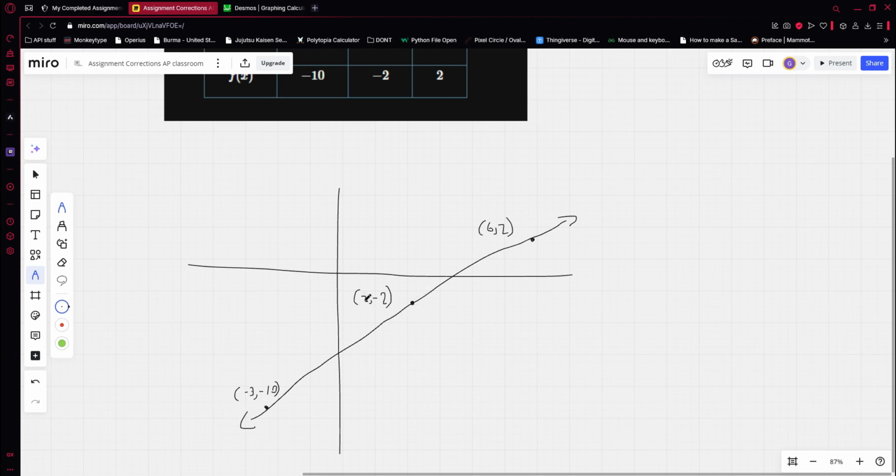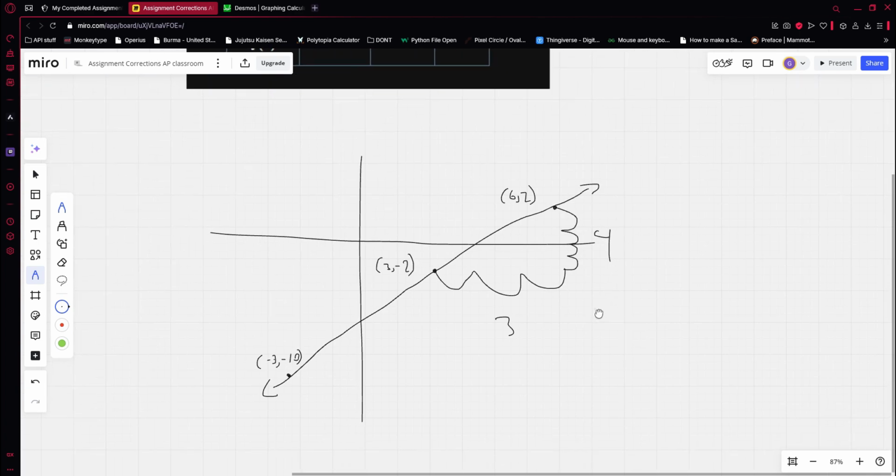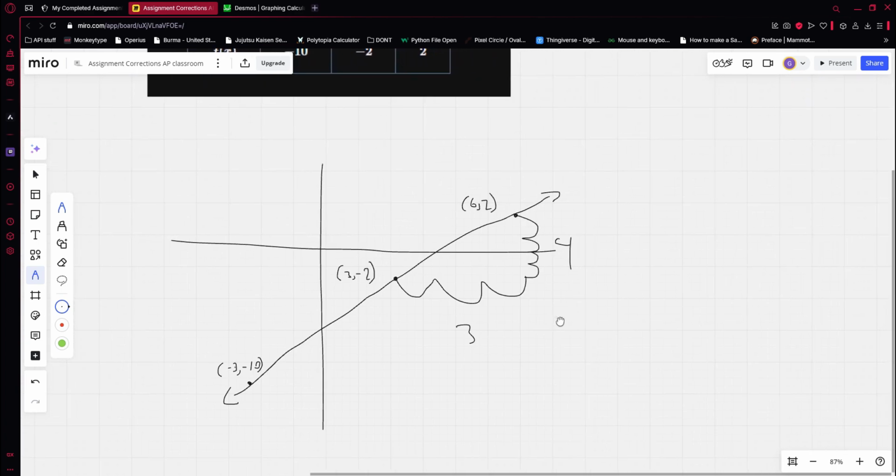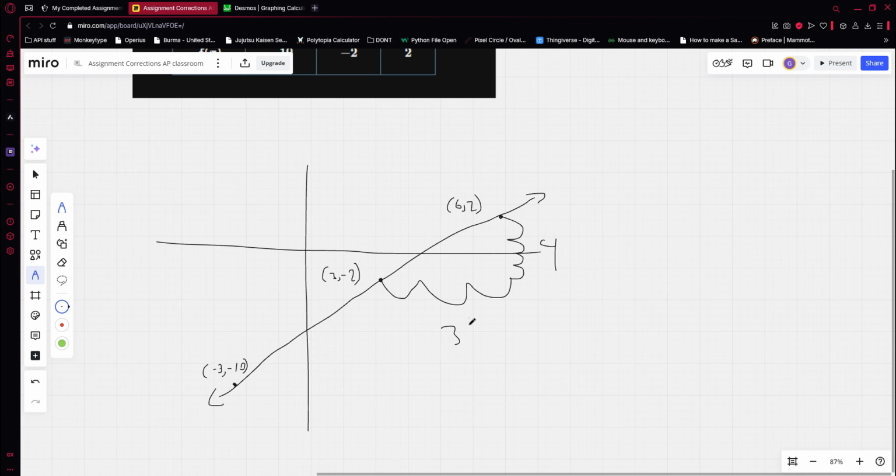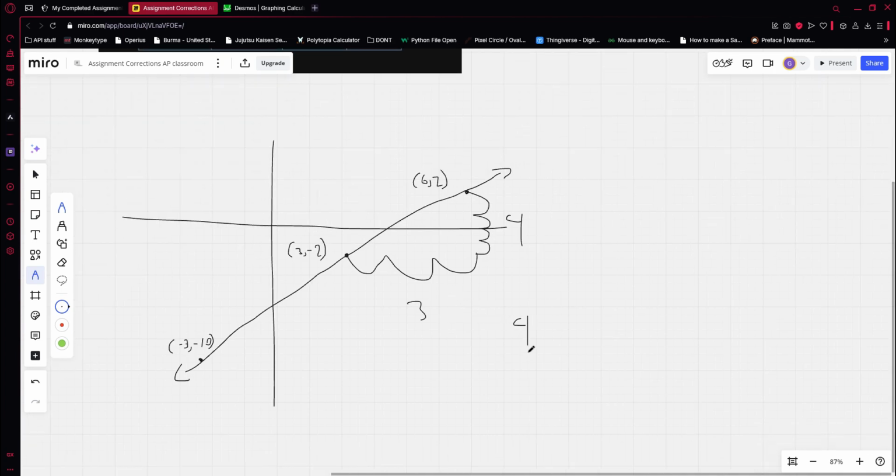We're just saying, okay, to go from 3 to 6, how many units do we have to go? 1, 2, 3, right? 3 units. To go from -2 to 2, we have to go 1, 2, 3, 4. 4 units. Rise over run is our slope.